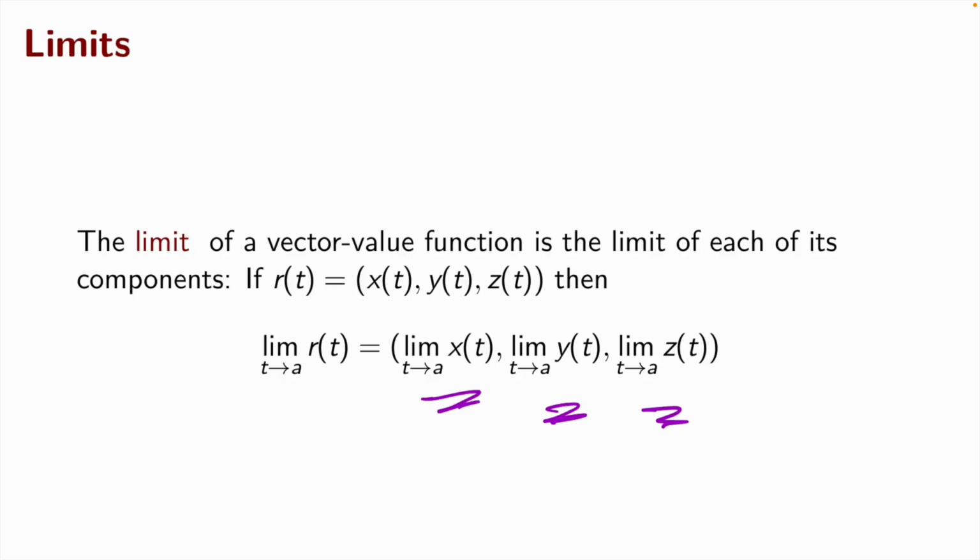As each of the components is a real value function, these are just the familiar limits that you know. So in order to calculate the limit of a vector value function, you have to calculate the limit of a real function in the same way, using all the rules for limits that you know from Calculus 1.